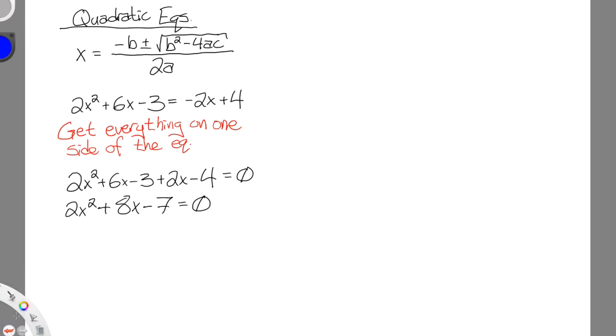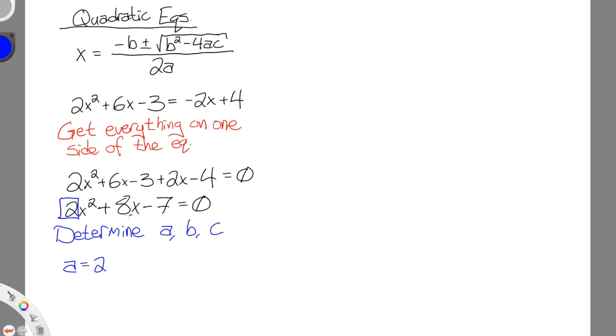The next thing we're going to want to do is determine our values for a, b, and c in our quadratic equation. A is whatever's in front of the x squared, so our a here is 2.